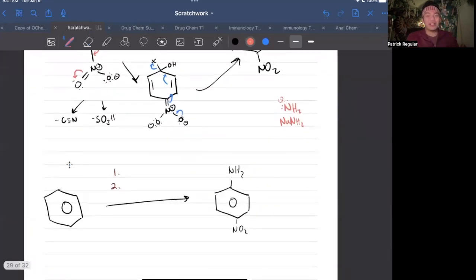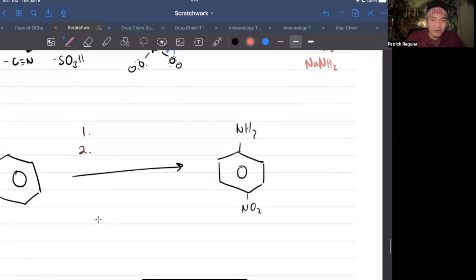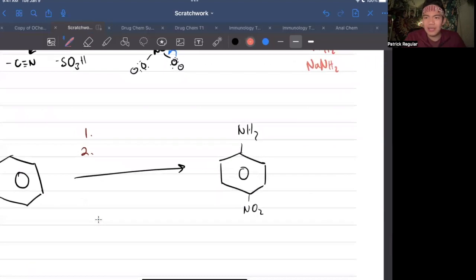So if I were trying to make this, all right, how can that happen? Because remember, aniline cannot be nitrated or sulfonated. So how do we get an NO2 and an aniline together? Because if we added the nitro group first, well, it's going to add meta. So how do we do this? So those are our two problems.